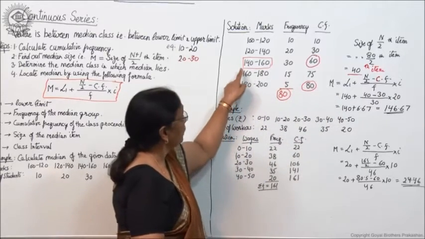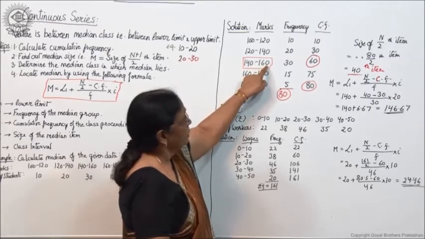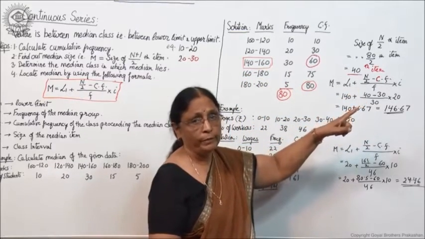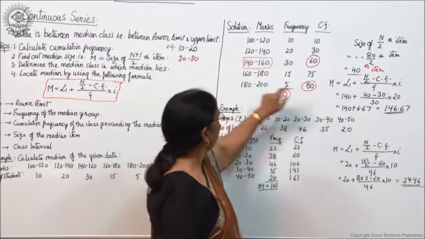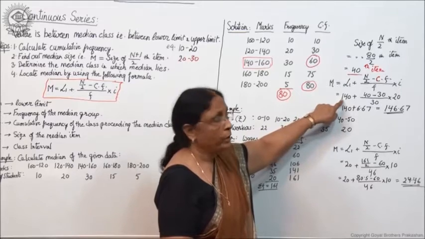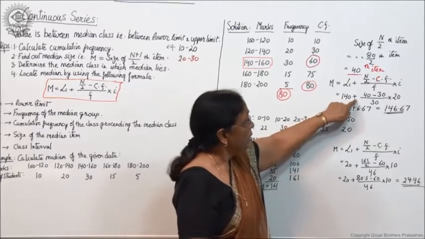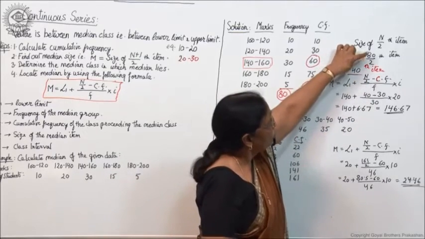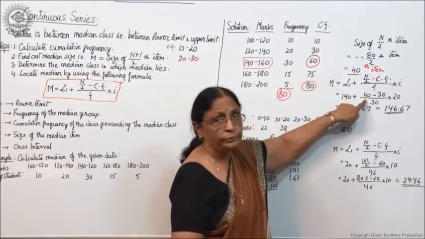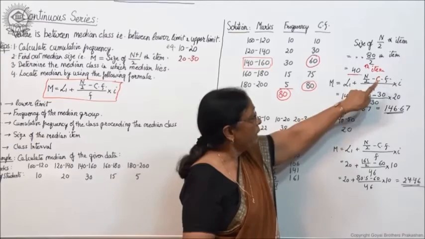This is the lower limit and this is the upper limit. You have to take L1, not L2. L2 will be the upper limit. L1 is the lower limit. So, 140 you will write down here in place of L1 plus n upon 2. N upon 2 you have calculated here, that is 40. Write down 40 here, minus CF.